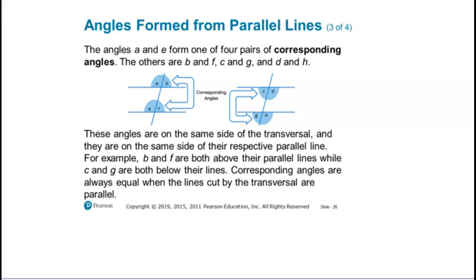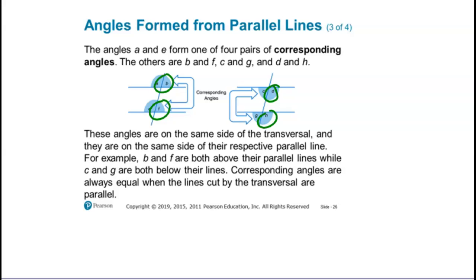Likewise, if we look at corresponding angles, those are also going to be the same angle. So in this case, angle B and angle F are going to be the same as each other, and likewise with D and H. That's going to be really important as we try to find missing angle measures, knowing certain things.